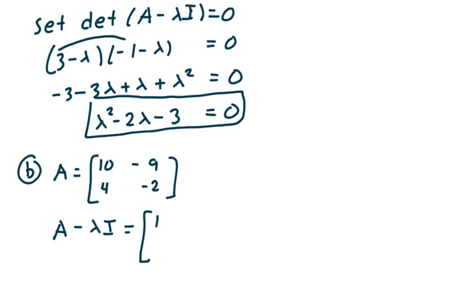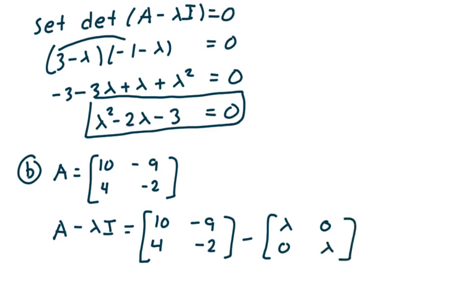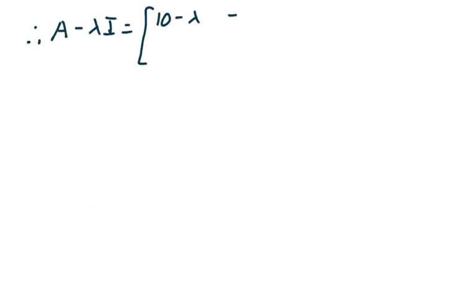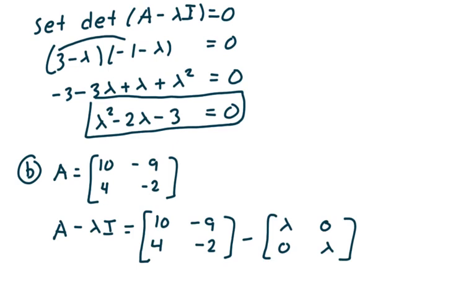So before we do that, I'm going to do [10, -9; 4, -2] minus lambda I, which is [lambda, 0; 0, lambda]. And so, therefore, A minus lambda I is the matrix 10 minus lambda. That's the first entry. Negative 9 is the second entry. And then from here, we get 4 and then negative 2 minus lambda.